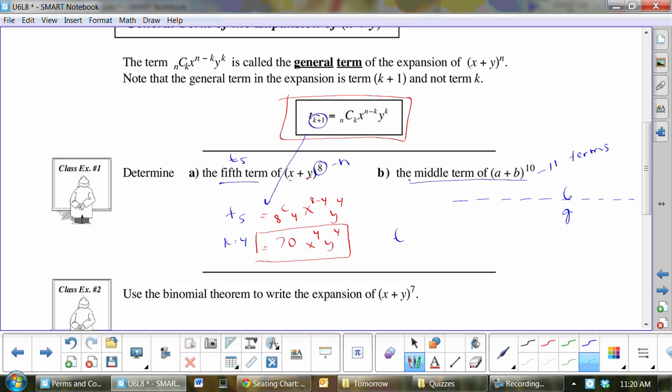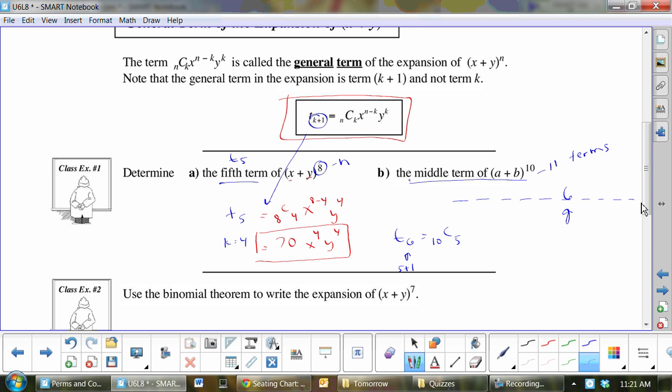So I'm looking for T6 equals, okay? What is n? 10, right? 10C, I need k now. k is 5. How's everybody getting 5? Because this is k plus 1, right? So k is 5. And then now we're changing things up a bit.